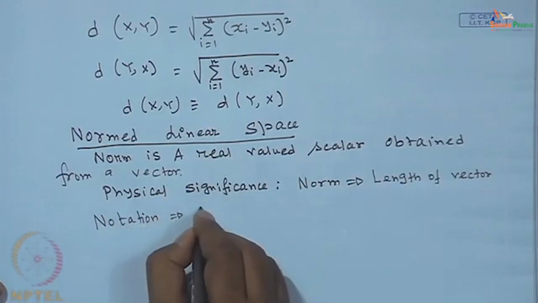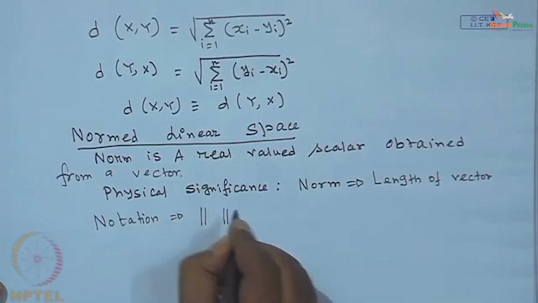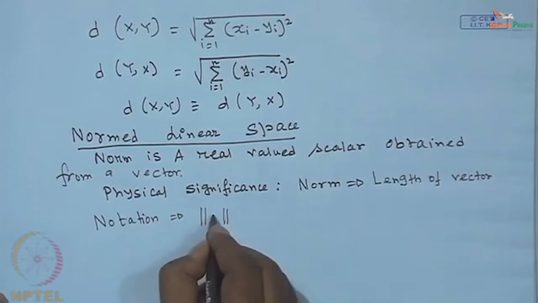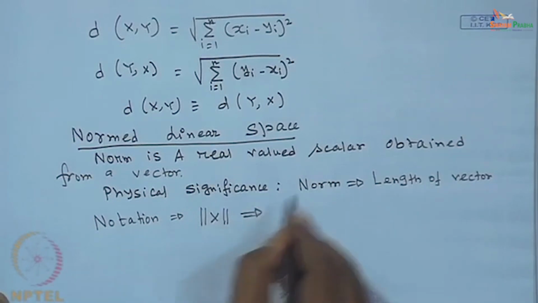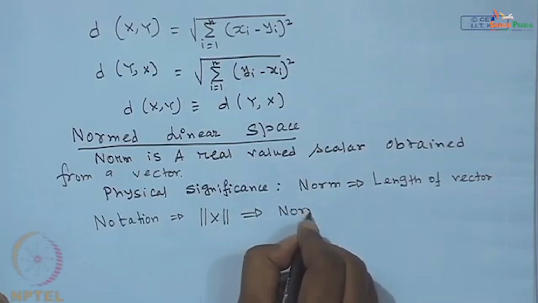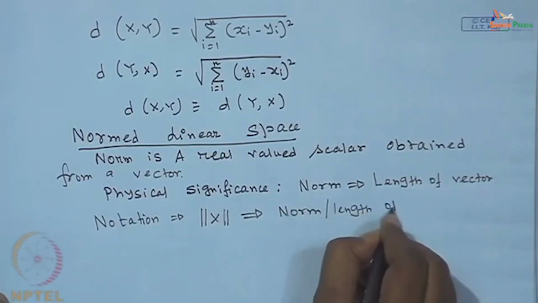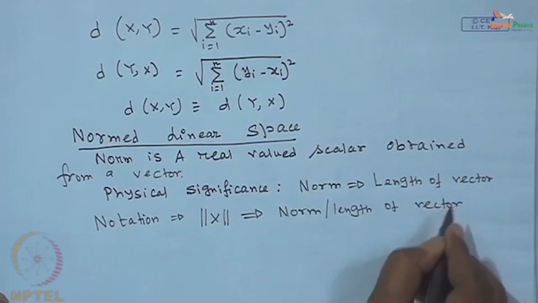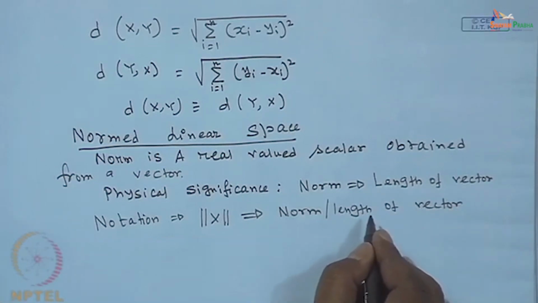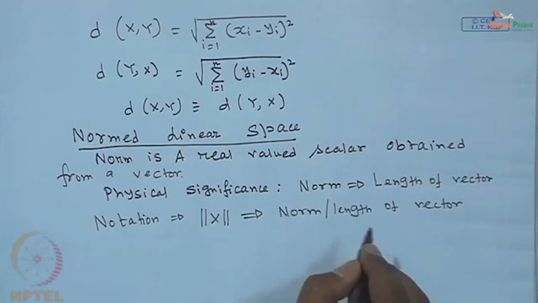It is denoted by the double bars. So, this means we are talking about the norm or length of a vector. Since length does not have any direction, it is a scalar quantity.